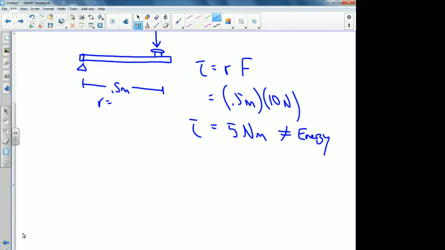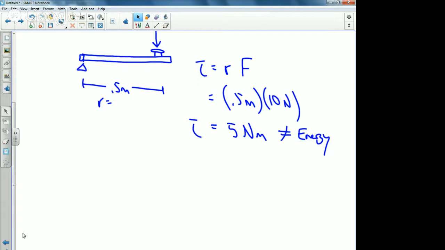If you think about how a doorknob is designed, it's always placed as far as possible from the hinge. Because if I wanted to open a door, it's easiest when I'm pushing near the edge. If I was pushing in the middle, it takes a lot more force to produce the same amount of torque.